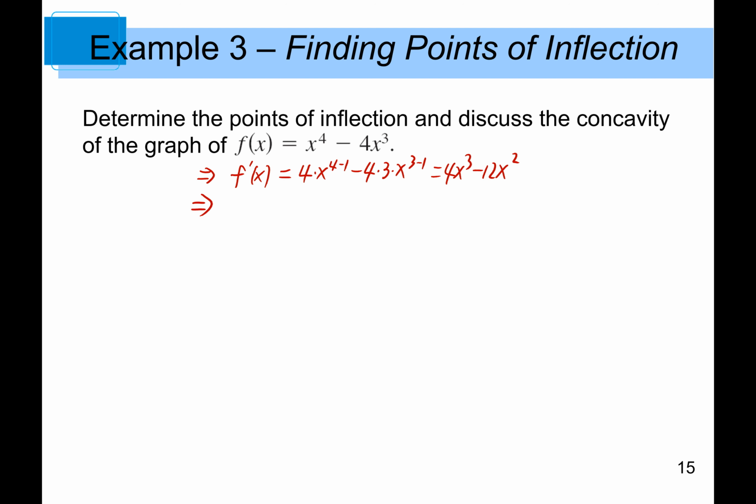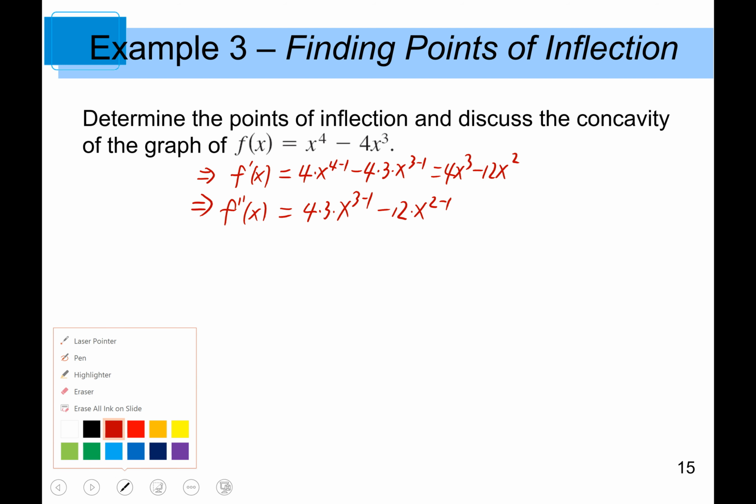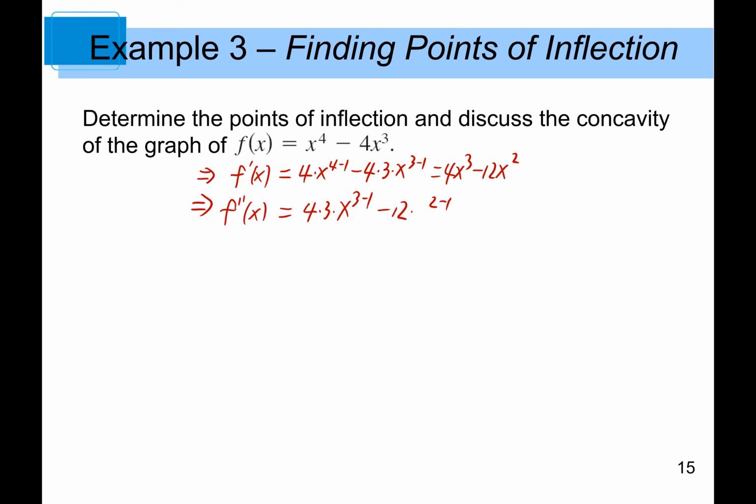After finding the first derivative, for the second derivative you apply the power rule one more time. So 4 times 3 times x to the 3 minus 1, minus 12 times 2 times x to the 2 minus 1. Remember to put the exponents in front. So we end up with 12x squared minus 24x.